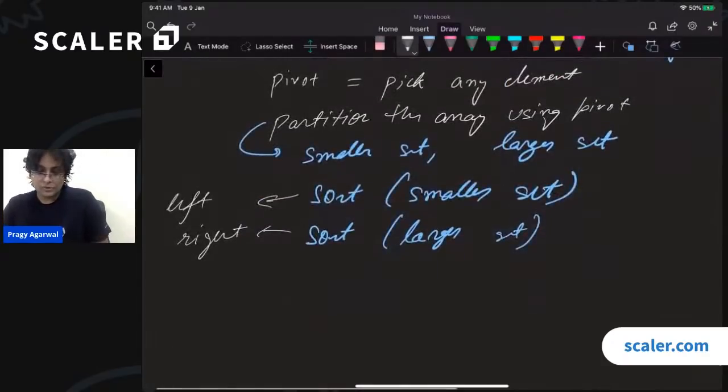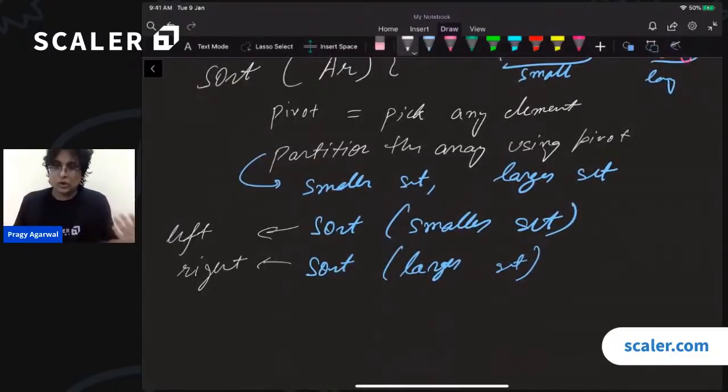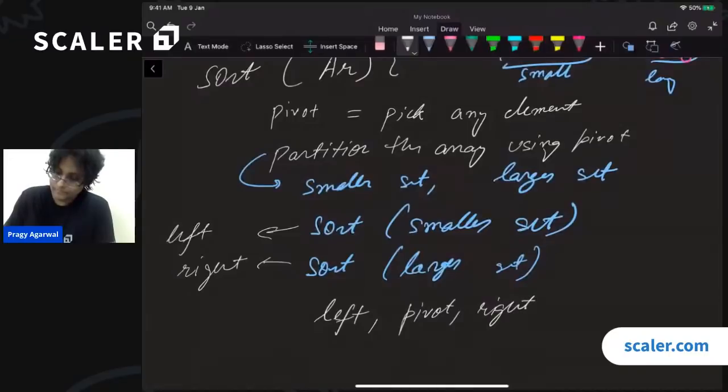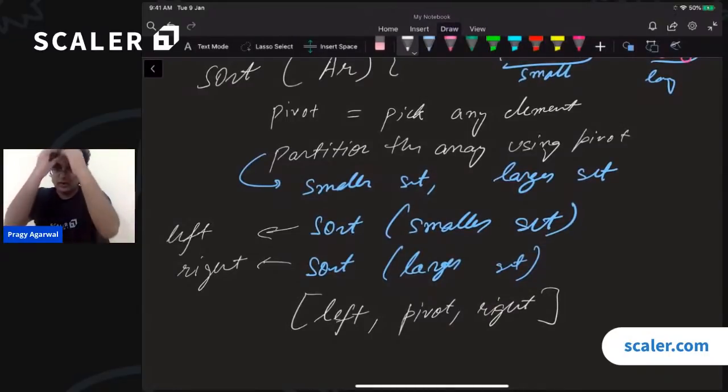What are we supposed to return? We wanted the complete sorted arrangement. So we put the left part, then we put the pivot, then we put the right part. This is not exactly code, it is just pseudo code. But is this approach clear?